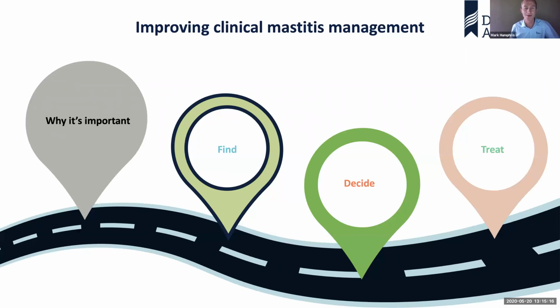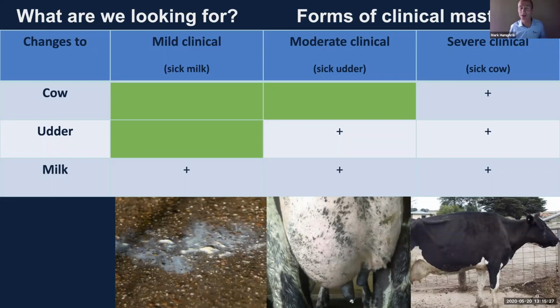So to the important matter of finding clinical mastitis, I think some definitions here are really, really helpful. So to start with, I've got a table here looking at the forms of clinical mastitis. The reason why this is important is that we can relate the different forms of clinical mastitis later to what's actually required in terms of treatment.